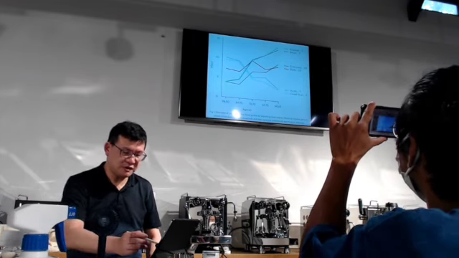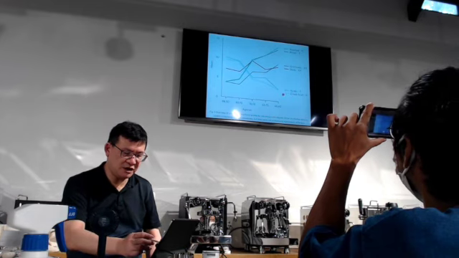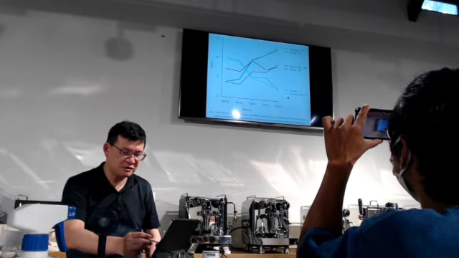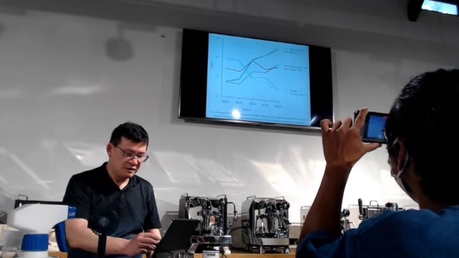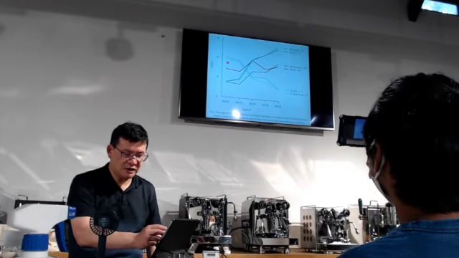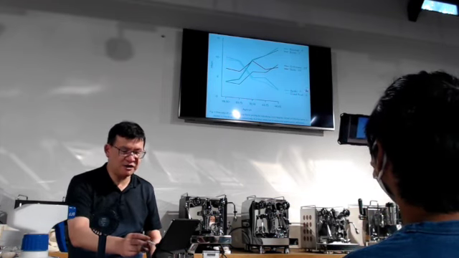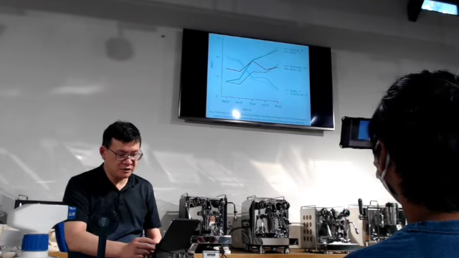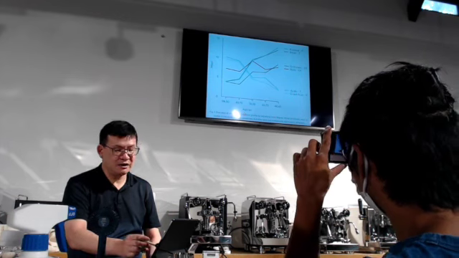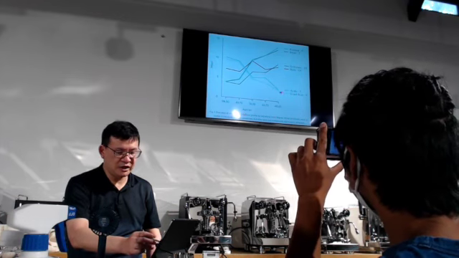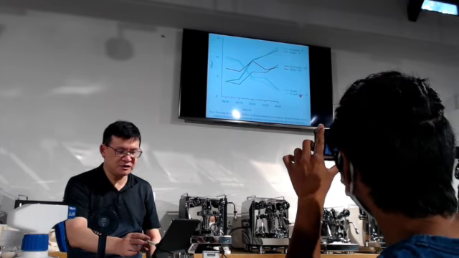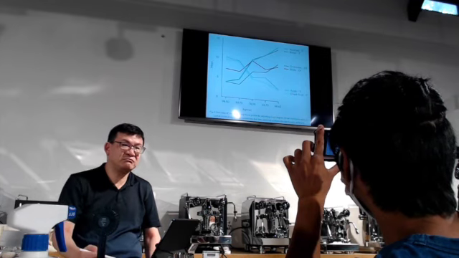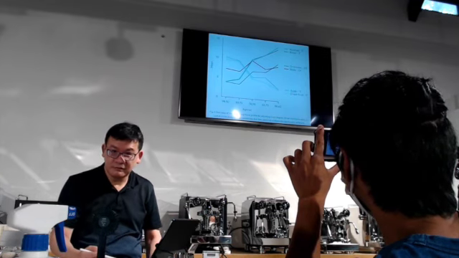We can see the acidity and the fruity notes. Lighter roast got more acidity and fruitiness. Darker roast, you got lower fruitiness and acidity. Reasonable.